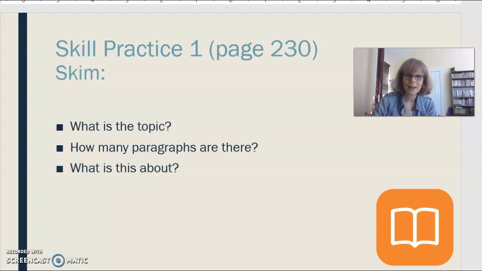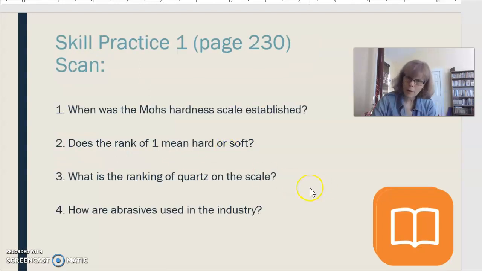And here they give you 4 different questions. This is a scan. This is looking for pieces of information in those 4 paragraphs. So I'm going to give you just a minute. You'll probably want to pause and take 2 minutes maybe to do this. Try to find these 4 pieces of information. Do this scan.